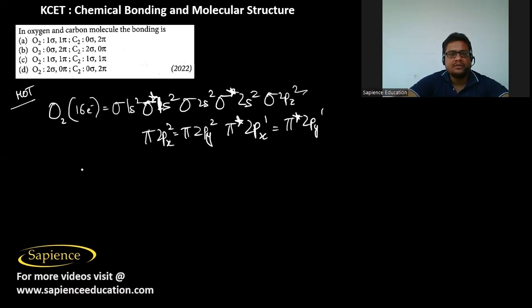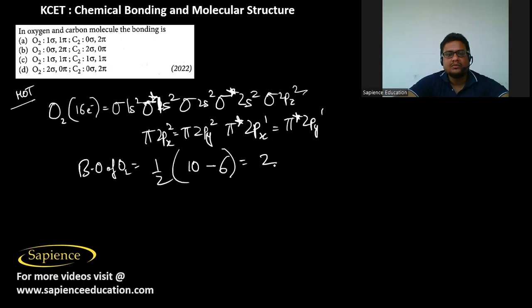Now, the bond order of oxygen is equal to half of the number of bonding electrons, which is 10, minus the number of anti-bonding electrons, which is 6. So it is 4 by 2, that is equal to 2. We can cancel out sigma 1s2 with sigma star 1s2, and sigma 2s2 with sigma star 2s2.